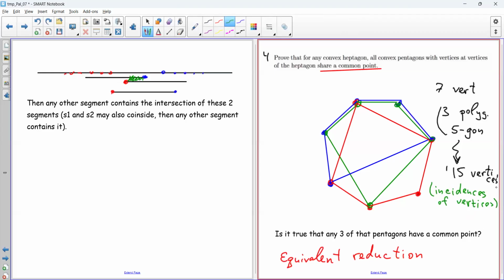When we speak of a vertex incident to, we don't say that normally. We say a vertex is incident to an edge, but here we would say a vertex is incident to a pentagon. So each pentagon generates 5 incidences, right? And in total 15. That means there must be a vertex with incidence 3 in these 3 pentagons, which means it belongs to all 3 of them.